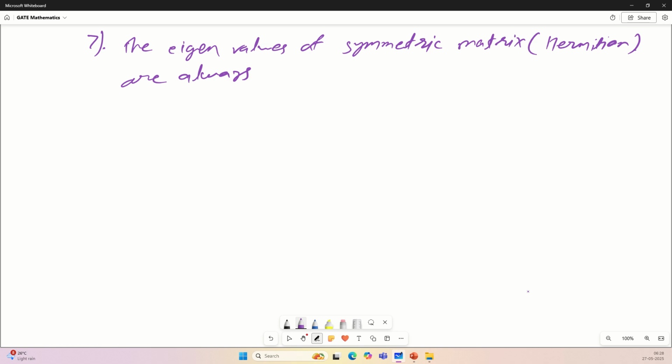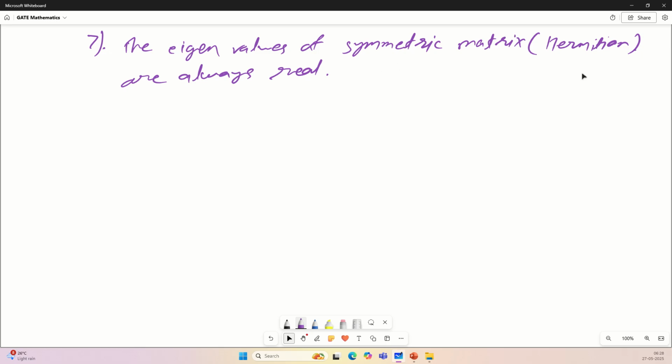Why I am telling you this property is you will understand later on that they are very useful, because GATE is asking questions based on the properties, like if all the eigenvalues of a matrix are real, then what is the possibility? So the possibility is the matrix will be symmetric or Hermitian.